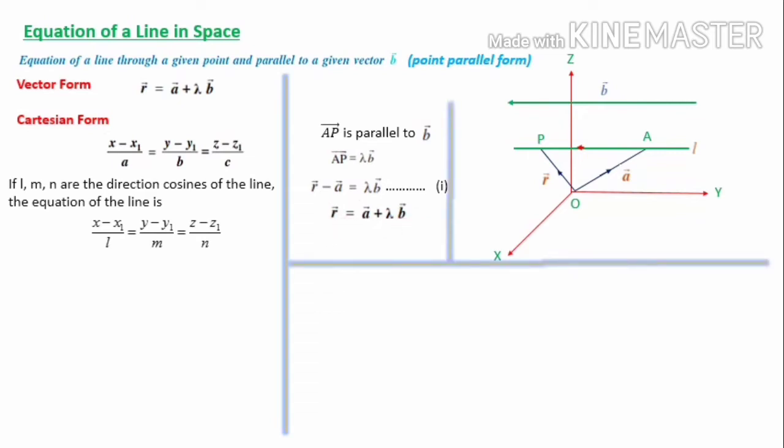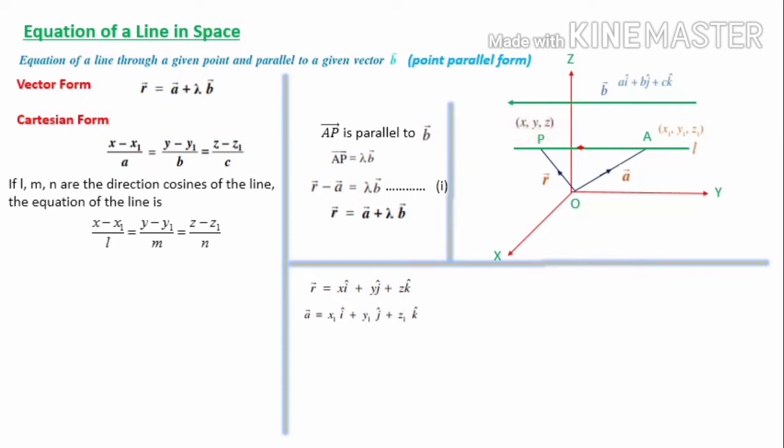Next, let's take the Cartesian form. Let's take the arbitrary point P as x, y, z, and the given point A as x1, y1, z1, and vector B we can take as AI plus BJ plus CK. Then vector R we can write as xi plus yj plus zk, because the coordinates are x, y, z.